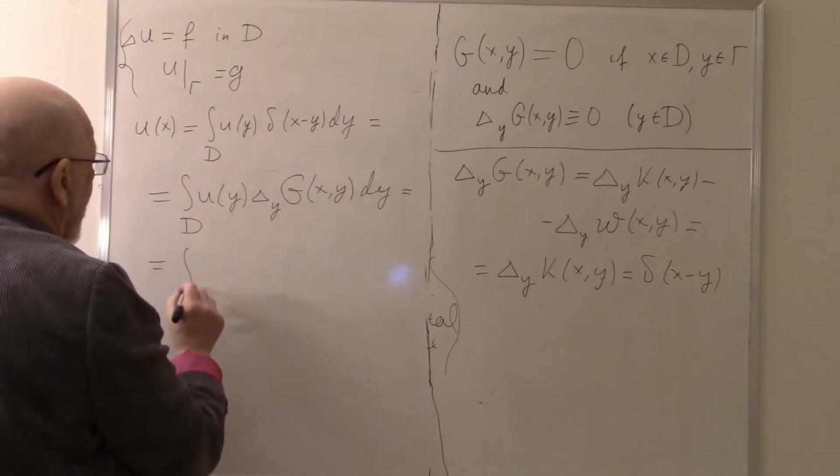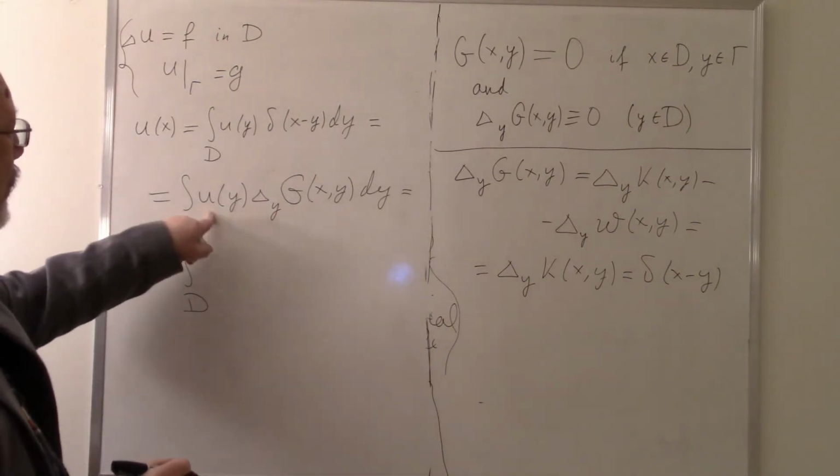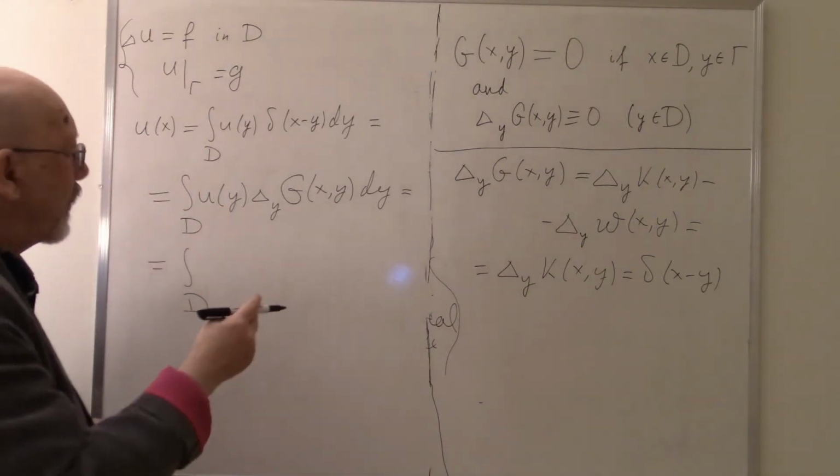equals the integral over D. Now we move the Laplacian to u by Green's formula.